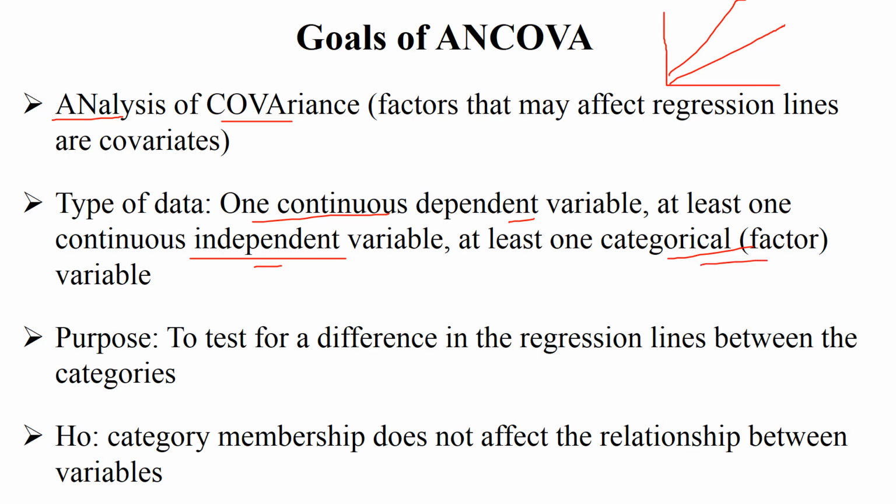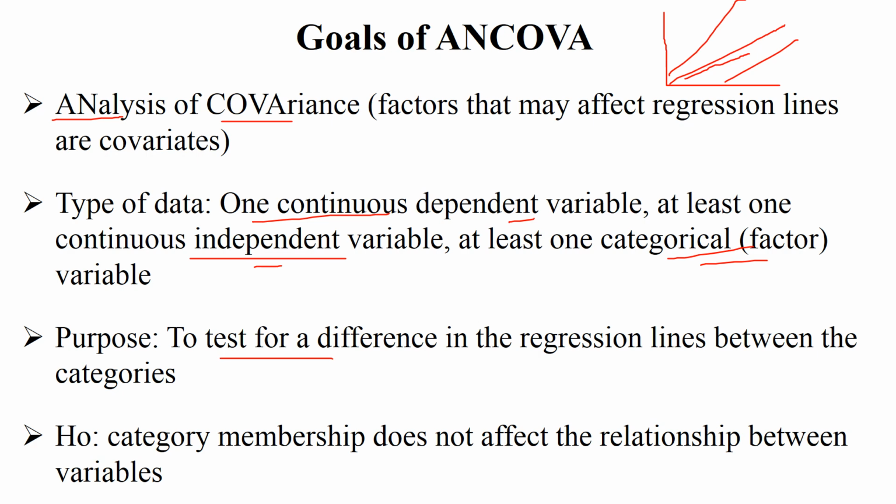The purpose is to test a difference in the regression lines. What are the differences between these regression lines across the categories? The null hypothesis is that category membership does not affect the relationship between the variables.